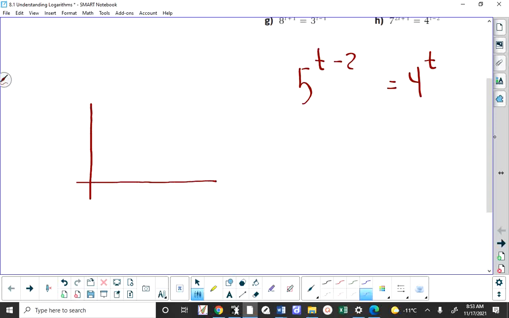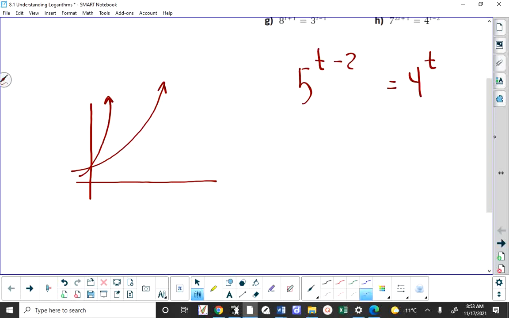And it will have a y-intercept of 1, and it will increase because the base is 4, greater than 1. The 5 to the x minus 2 would also go through here, but it would be steeper before I shift it. So let me rephrase that.